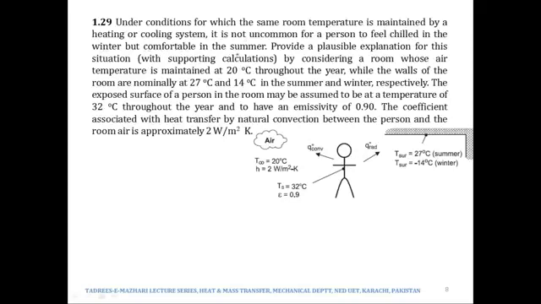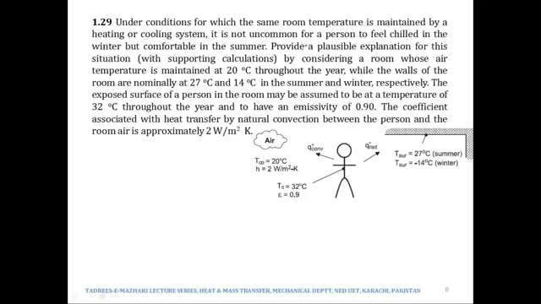So what this problem is saying is that if it is winter time and we turn the heater on, then maintaining the air through the heater will make the person feel chilled. But if the same room air temperature is being maintained in summer by cooling, then the person will not feel that chilled.